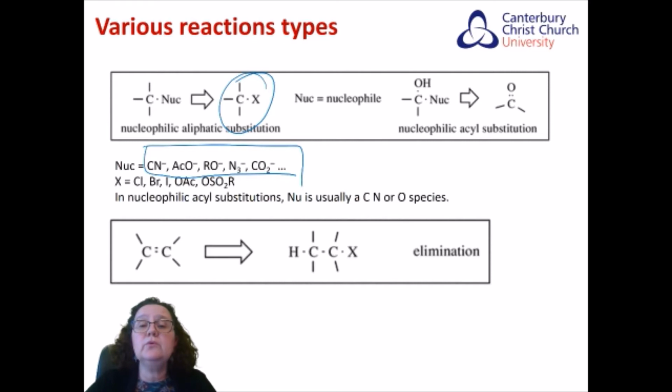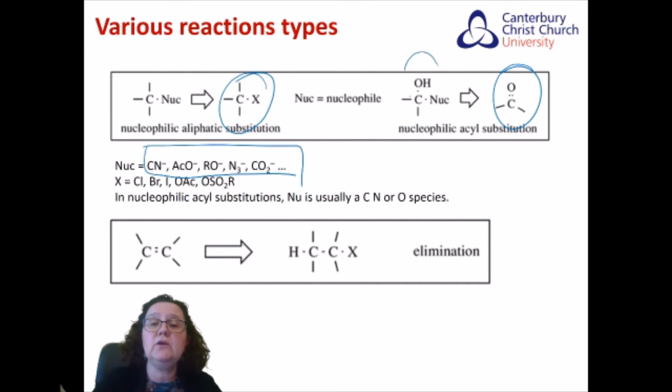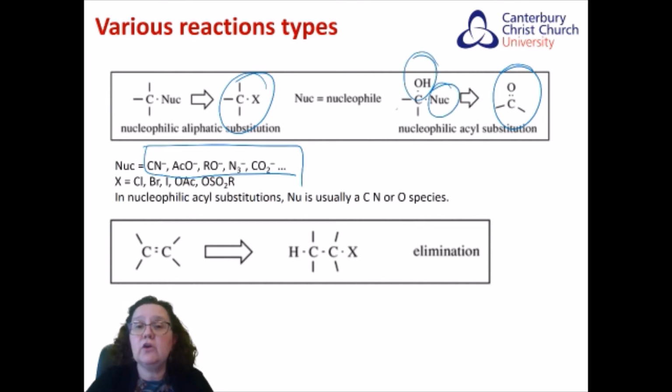Another example of a reaction in which you change functional groups is a nucleophilic acyl substitution. You start, for example, from a carbonyl group, and adding a nucleophile, you obtain the alcohol and the nucleophile incorporated in your structure.